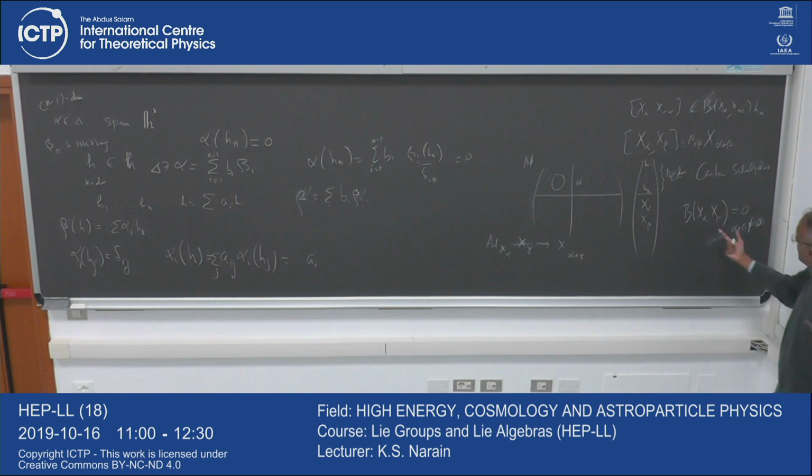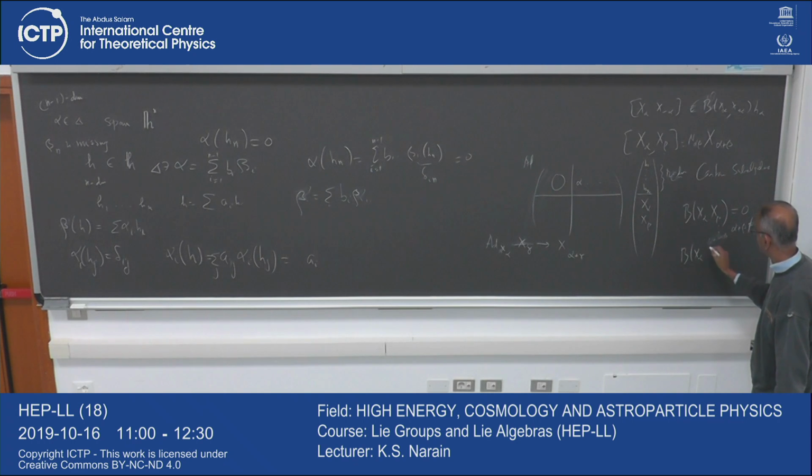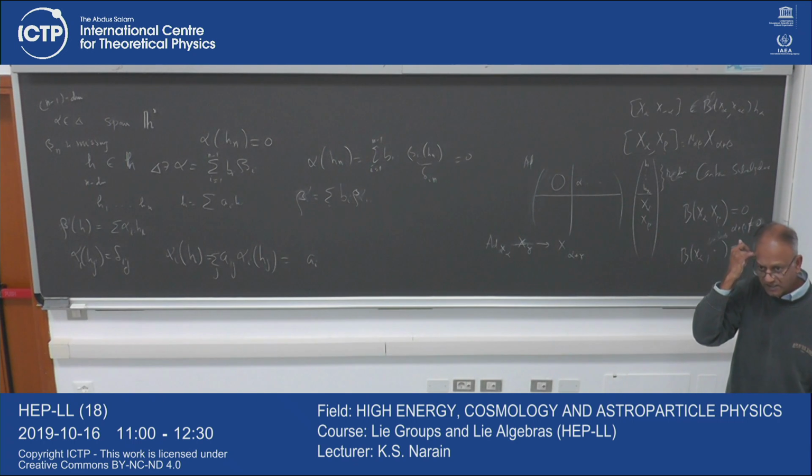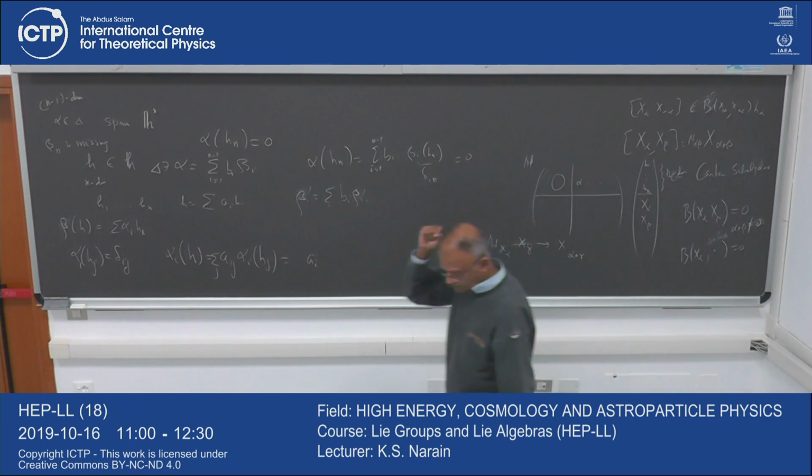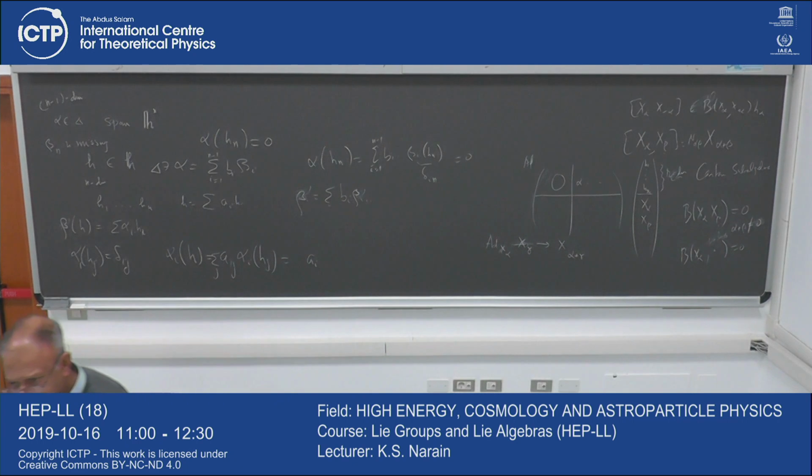So suppose this was also 0, then we would say that B of x alpha with any element of the Lie algebra is equal to 0. Correct? That would be degenerate. So it's just a matter of non-degeneracy. I hope this is clear, right?